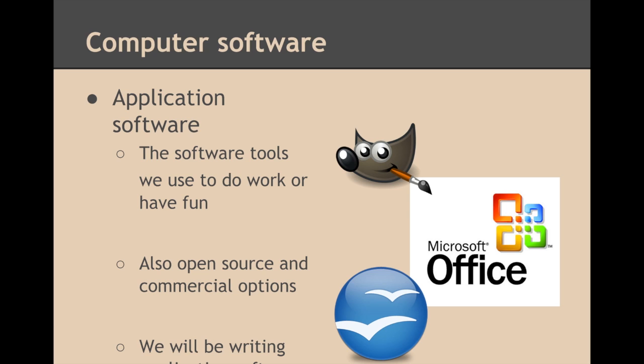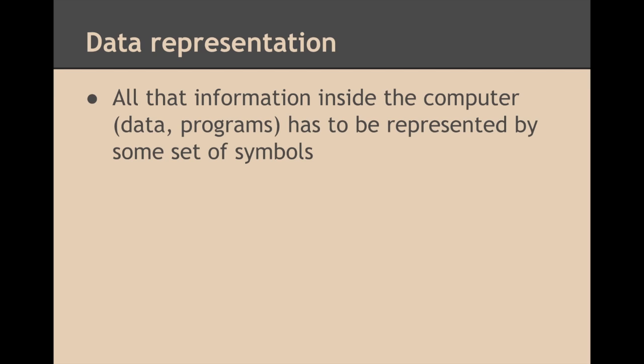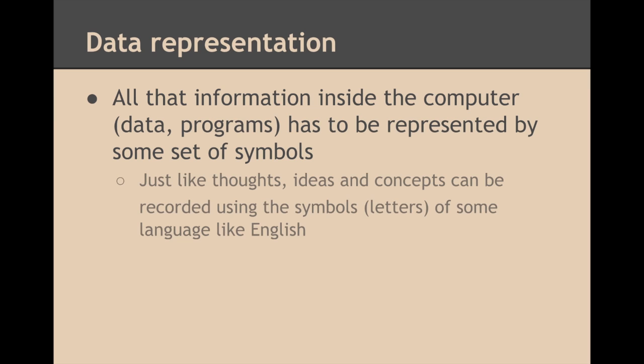Okay? Now, we need to talk about data representation. All that information inside the computer, all the data and the programs, that has to be represented by some set of symbols. So, just like our thoughts, ideas, and concepts are recorded using the symbols or letters of our language, English, similarly, a computer has to do the same thing.